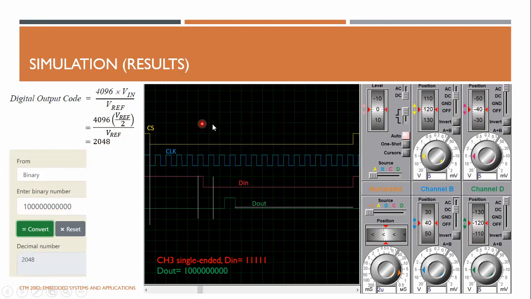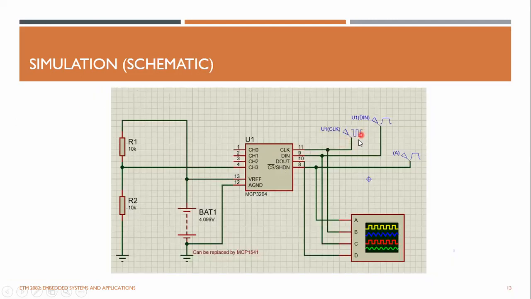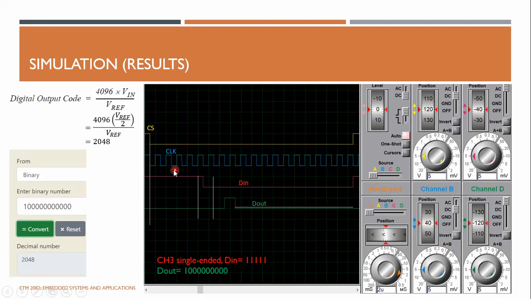So when I simulate this, I have selected channel 3, so my D in should be 5 ones according to the datasheet, and I should get D out as 1 and 11 zeros. So this is chip select. Initially it is high, and I have pulled this line down, which starts the conversion, and then clock pulses are generated by this clock pulse generator.